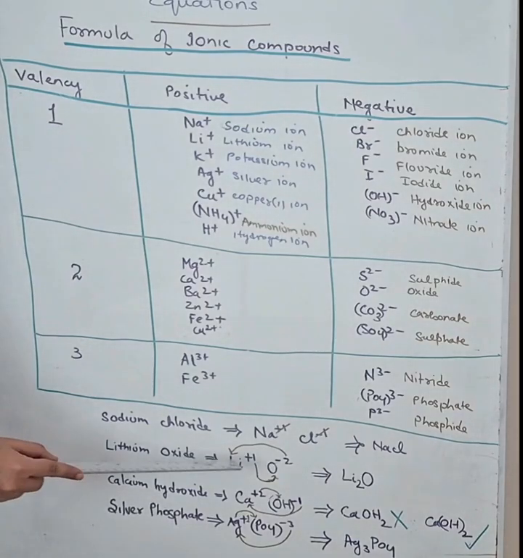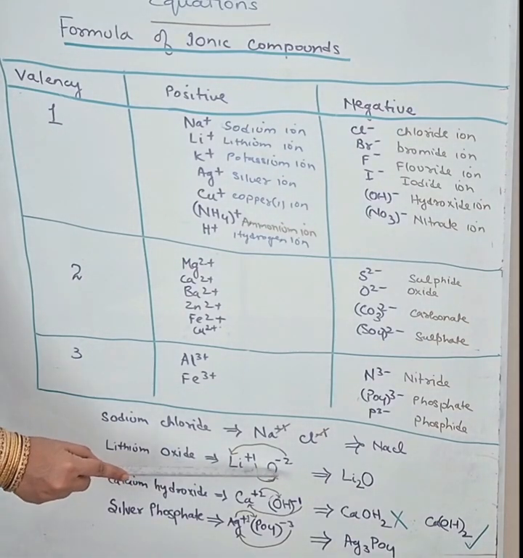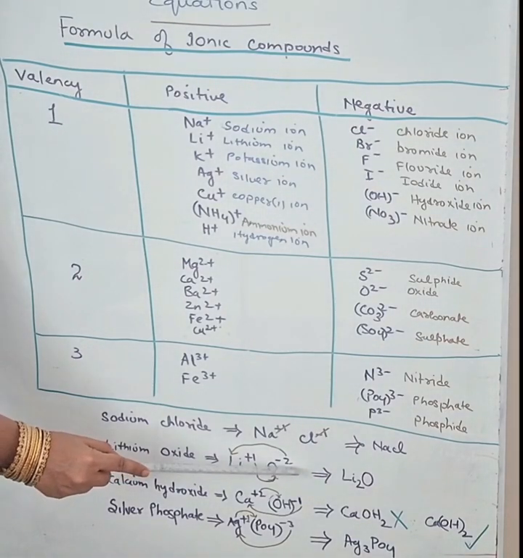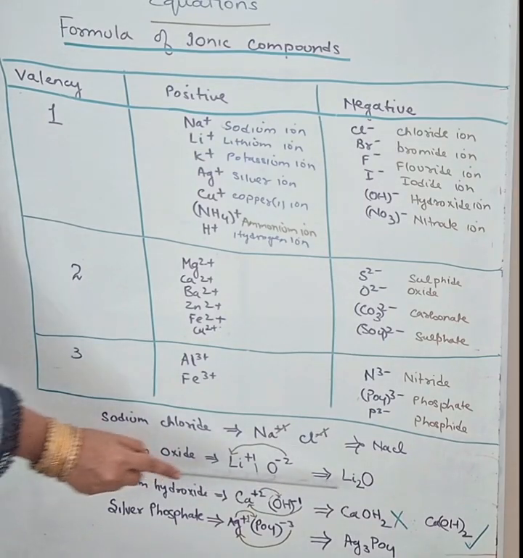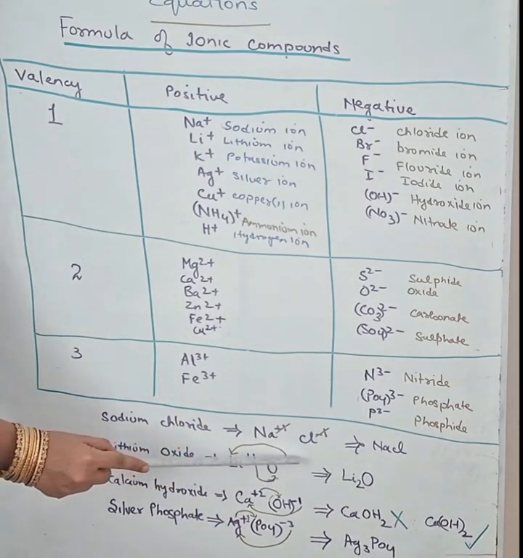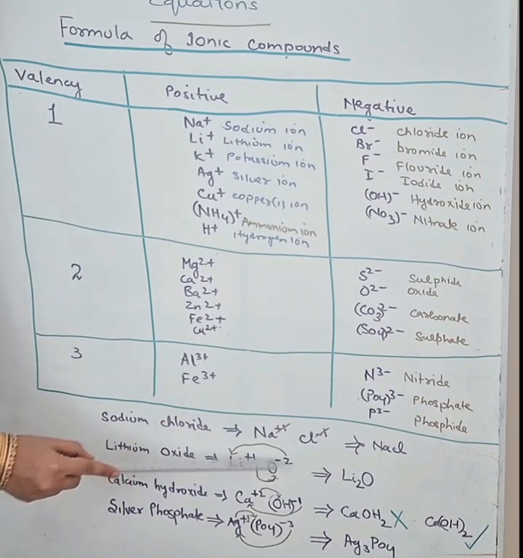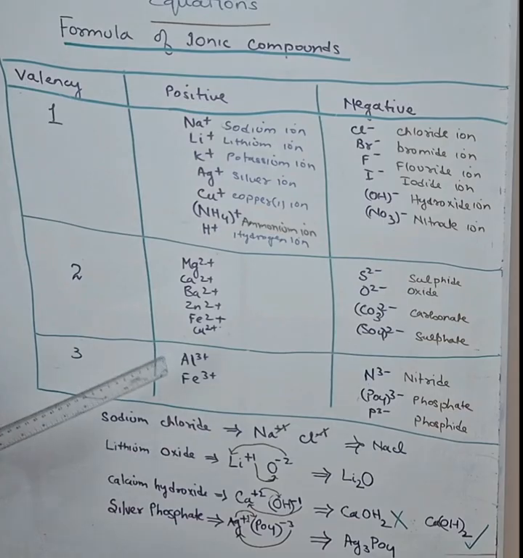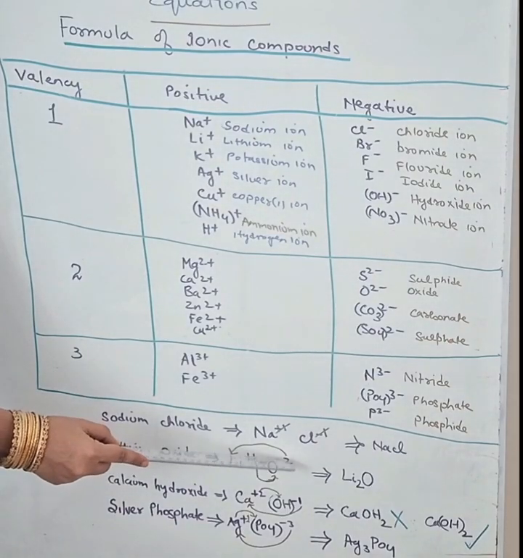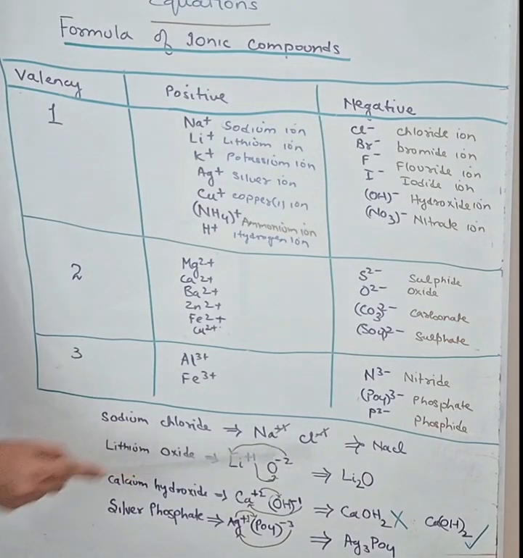What does it mean? Since lithium is combining with oxygen and the oxygen valency is 2, the number of lithium will be 2. And the oxygen number will be 1 because oxygen is combining with lithium whose valency is 1. So here we will use the exchange of valency.